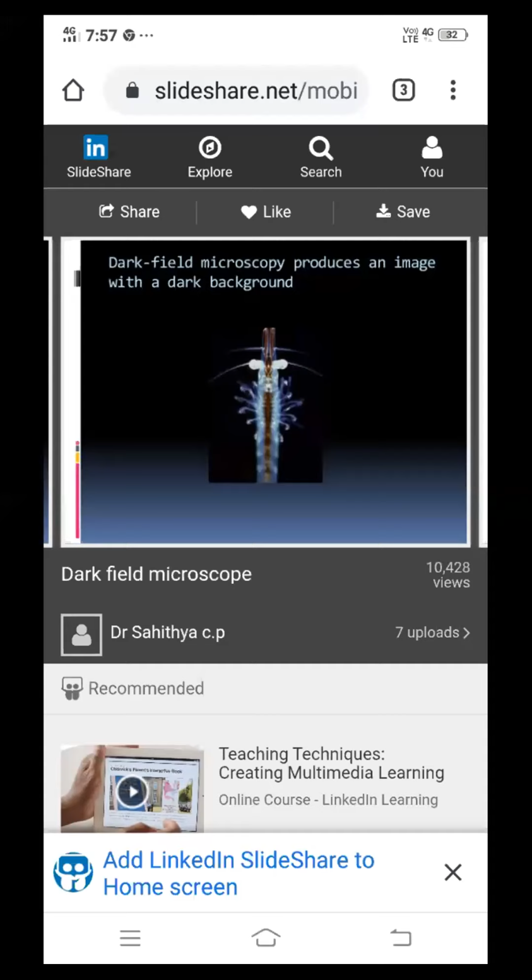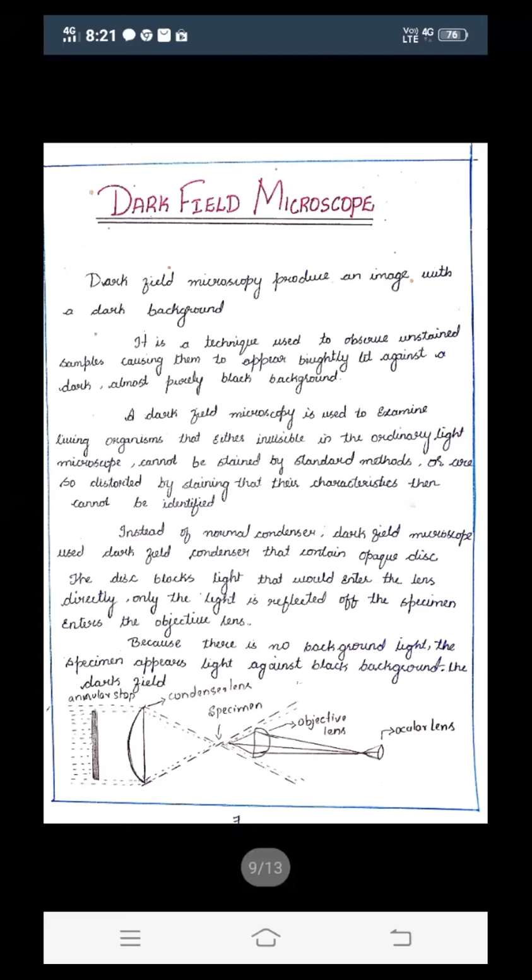Here the background is dark in color, but the specimen is light in color. It is a dark field microscope.